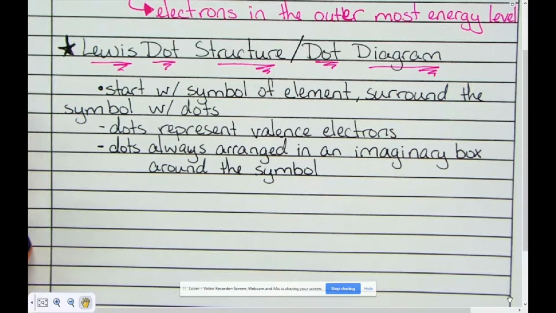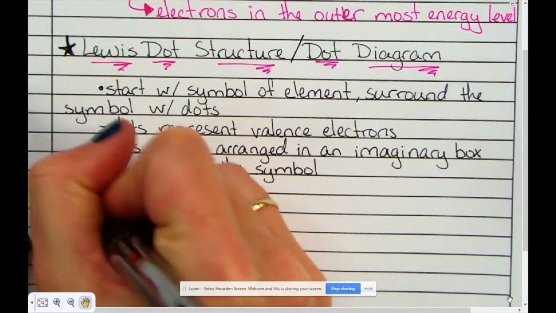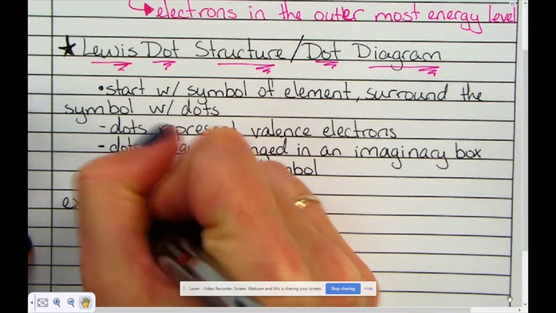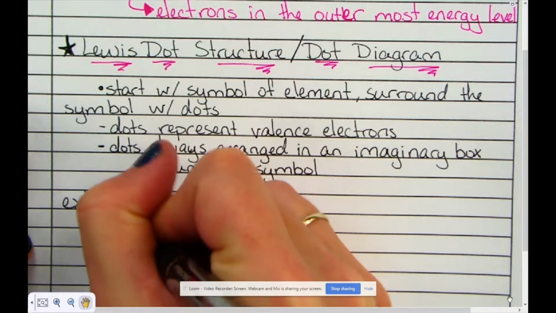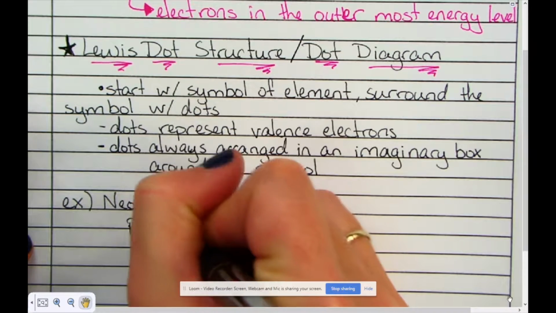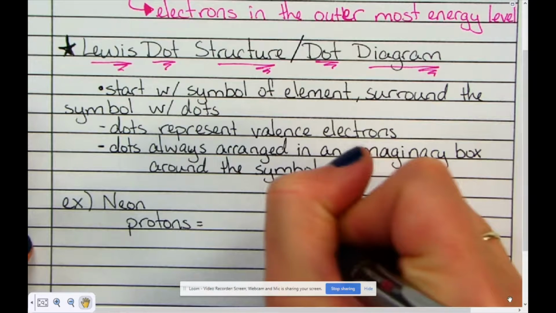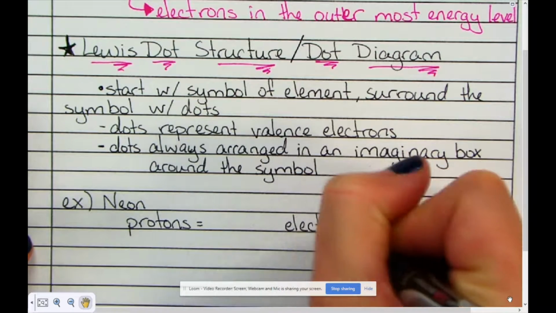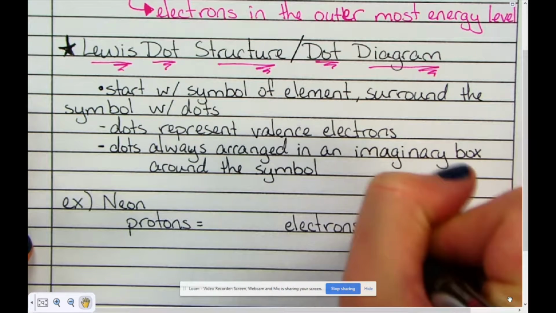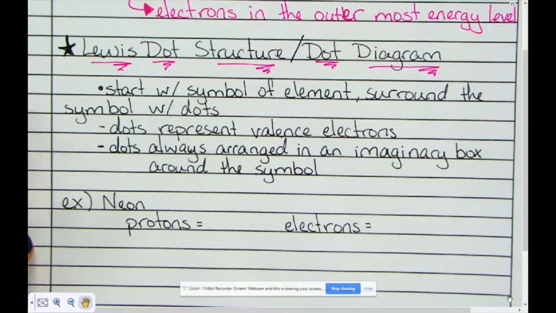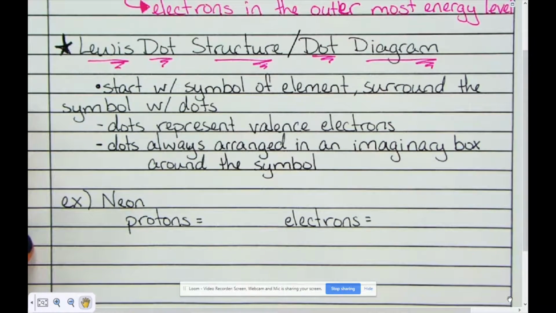All right, I want to show you guys an example of a Lewis dot structure. So we're going to look at neon. So on your periodic table, guys, can you find neon? How many protons does neon have? 10.